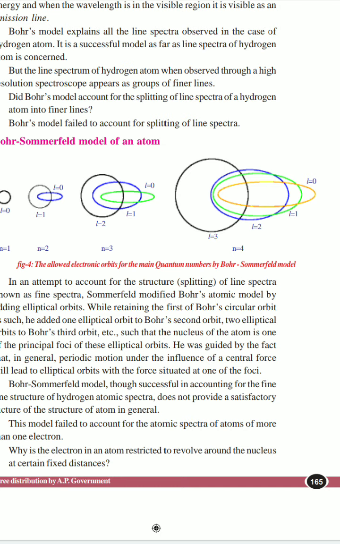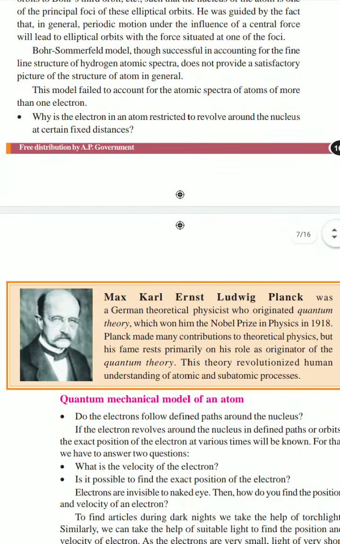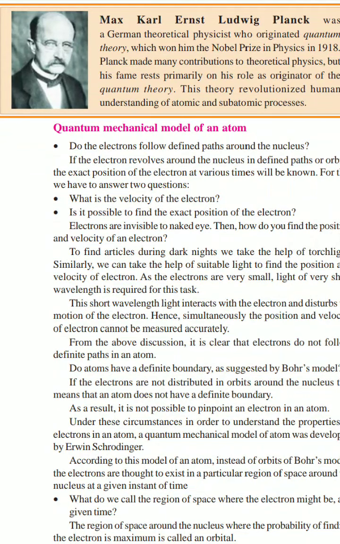So this Bohr-Sommerfeld modified atomic structure is only for hydrogen, and it does not give a satisfactory structure for the remaining atoms which have more than one electron. Because of this, again we are going for another model of the atom, that is the quantum mechanical model of the atom.